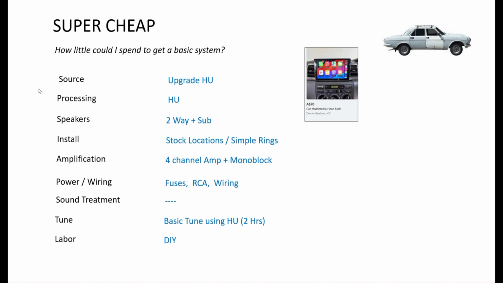And so you'll pop out and you find, I don't know, on Facebook Marketplace or eBay or wherever you do, you find your secondhand equipment in your neck of the woods. But in this case, I found a good replacement head unit for $70, a couple of suburbs from me, a little Android unit, right?